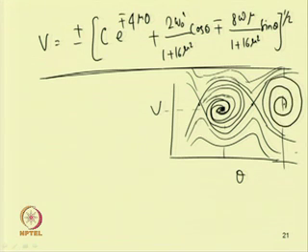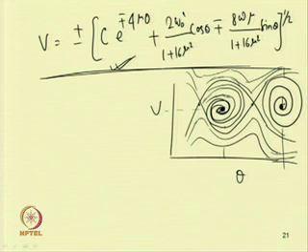In case of stable focus, the response comes to the trivial state. That means due to damping the response comes to the trivial state. In case of the conservative system, when there is no damping in the system, the pendulum oscillates with frequency omega 0, but in this case it comes back to the equilibrium position with this solution.